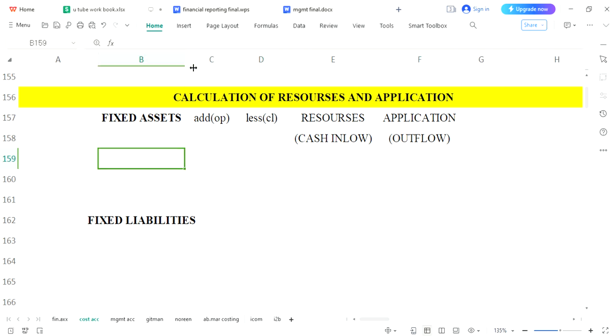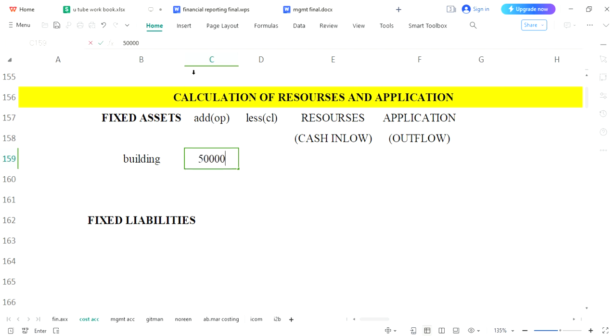Here I'm giving you an example. Let's say you have a building. This is your fixed asset. At the start the building was 50,000, but at the end it was 75,000. Just giving you an example.